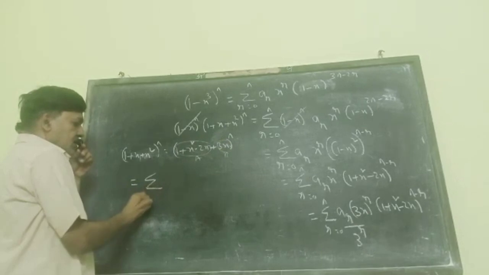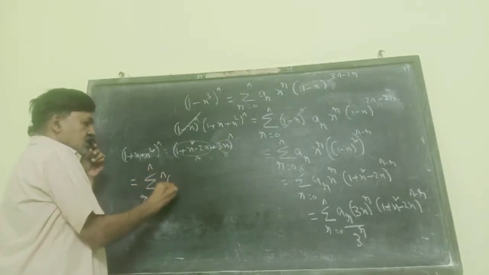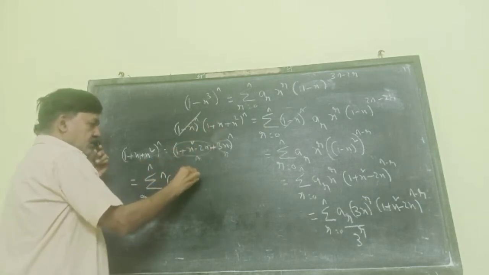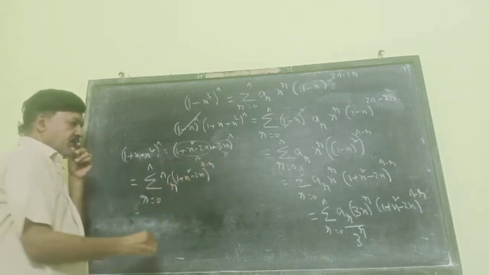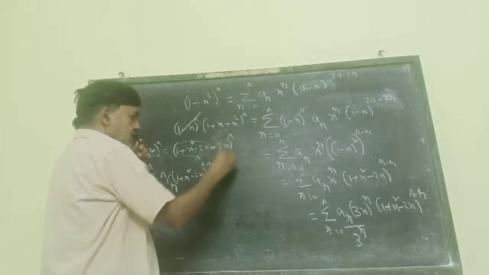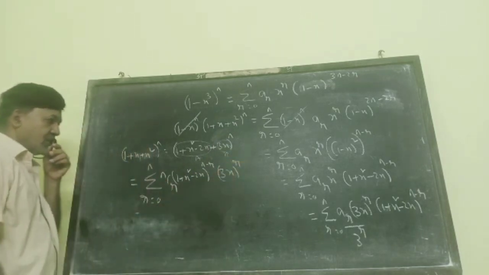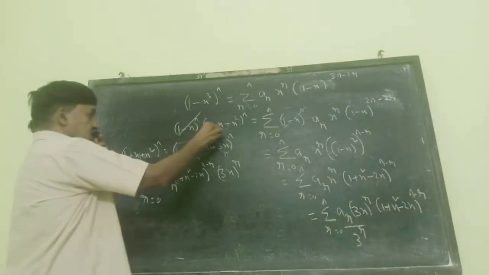This is nothing but sigma r is equal to 0 to n nCr A power n minus r, means 1 plus x square minus 2x whole power n minus r, into B power r, so 3x whole power r. You watch this.